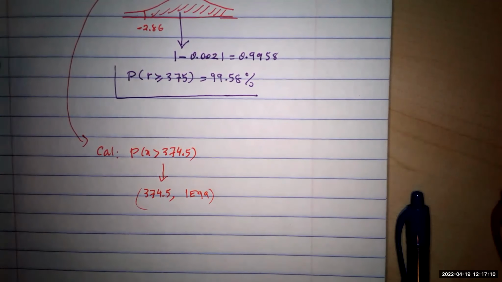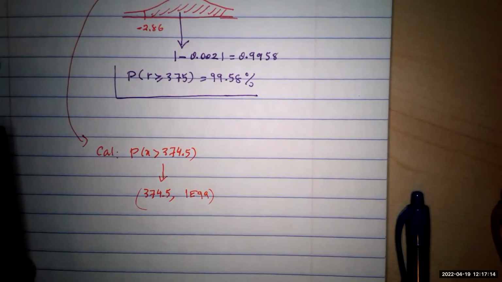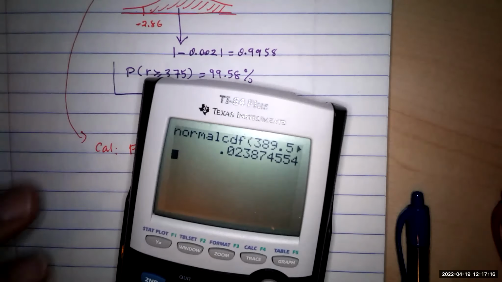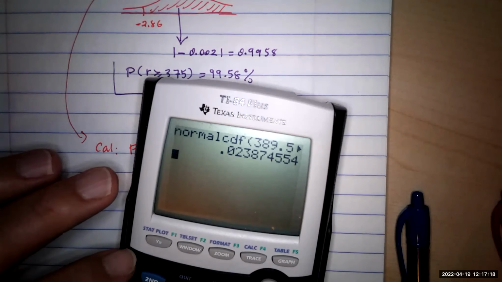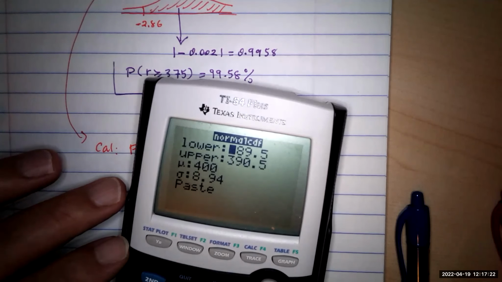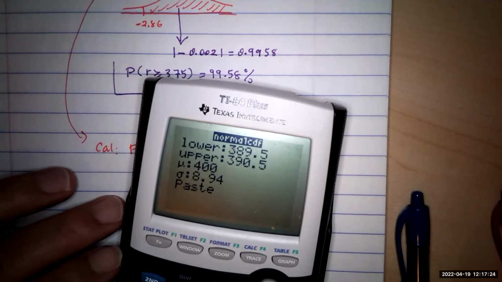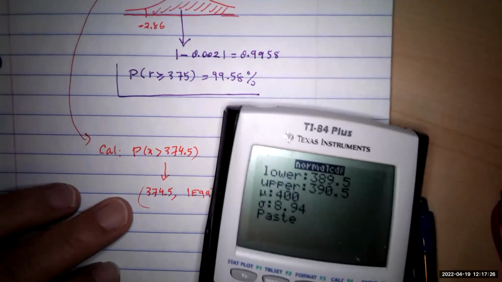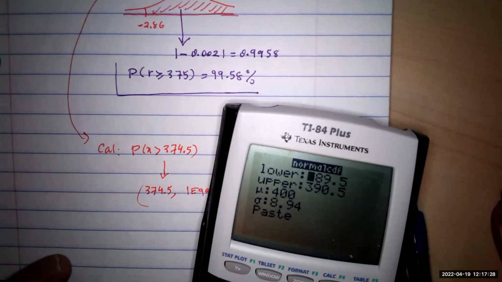So you go to the calculator. I clear this one, the second, and the 2. Now the lower one is 374.5.